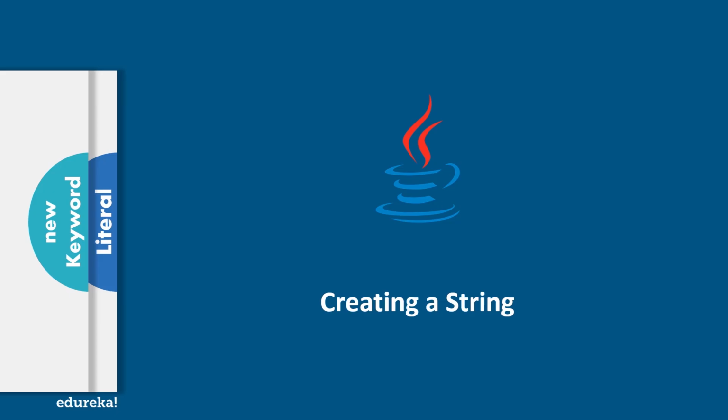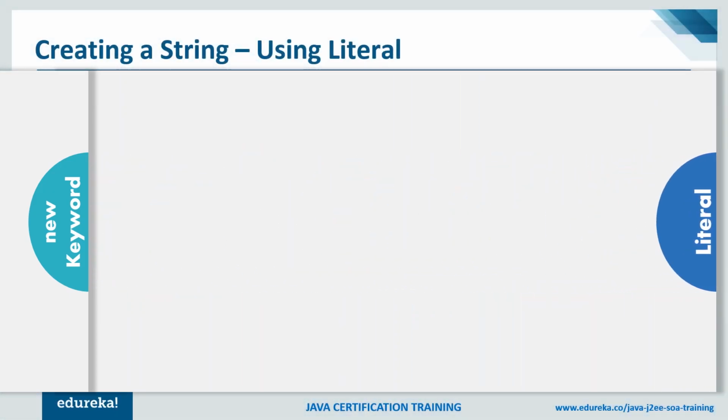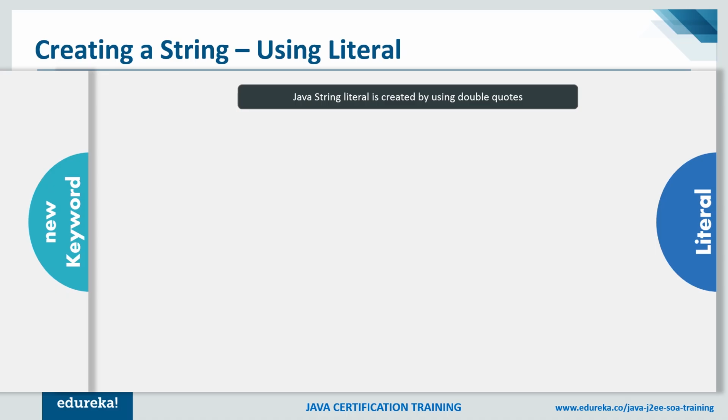So let us have a quick look at how we create a string and how the string pool comes into action. Considering we are going to use a literal to create a string, Java string literal is created by just writing the string literal in double quotes. So how will you do it? You will say string str is Edureka.